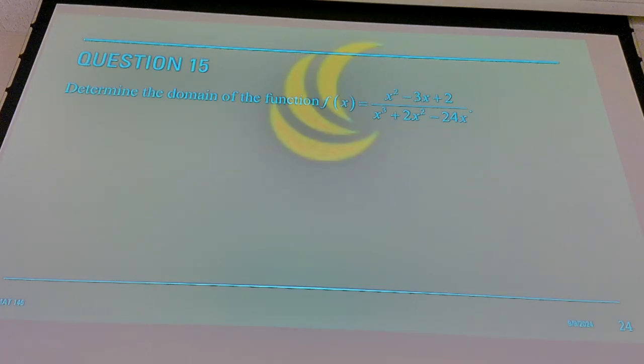Do we have any restrictions to consider? What's the restrictions? Denominator cannot be 0. How would we solve that?